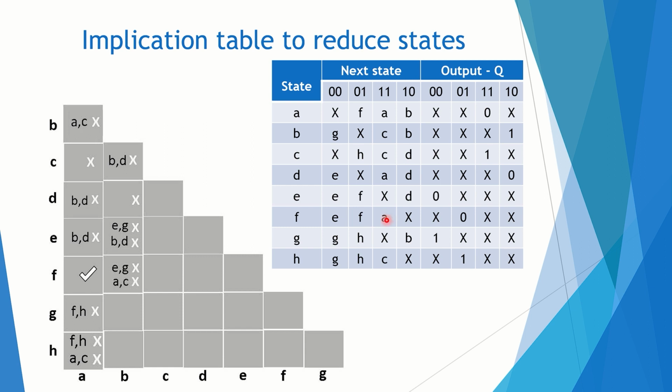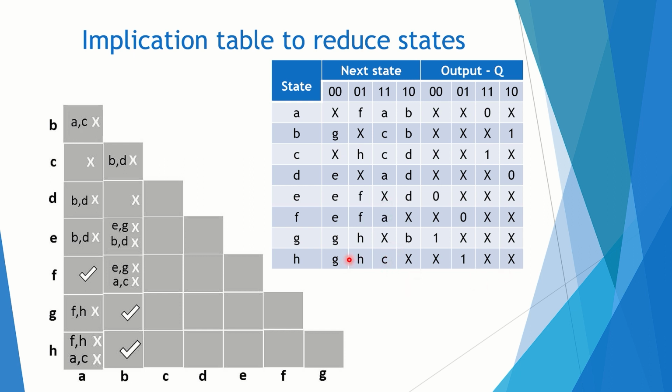Then BG it is equivalent. You can see here BG same states, same next state and same output. Then BH again that is also equivalent. You can see here BH same states and same output.